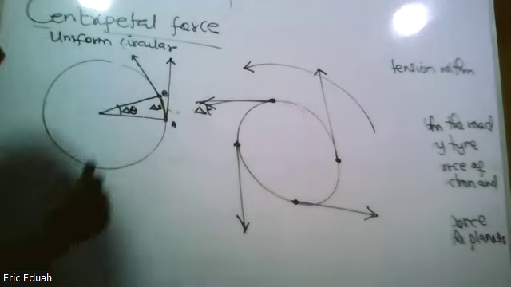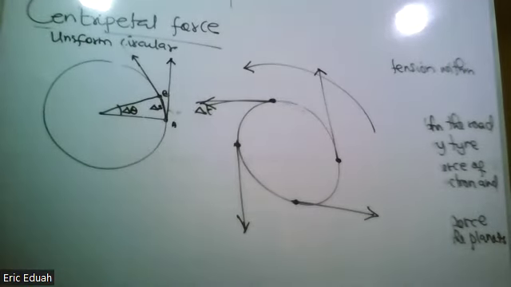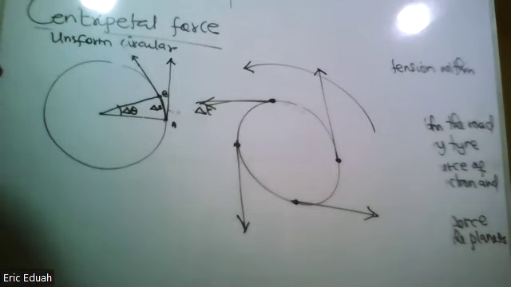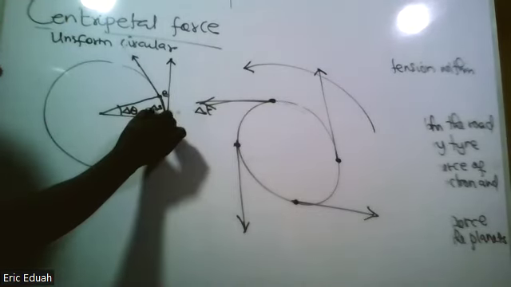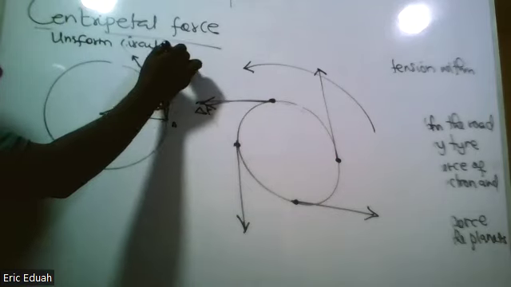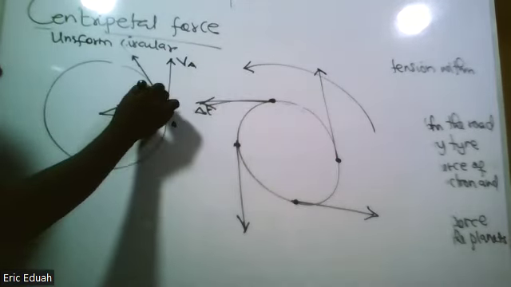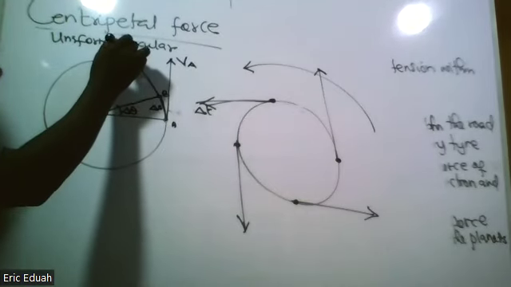But due to its changing direction, its velocity at every point changes. So when it is at A, this is the velocity VA. When it gets to B, this is the velocity VB.